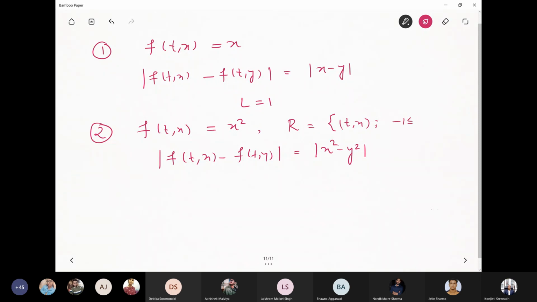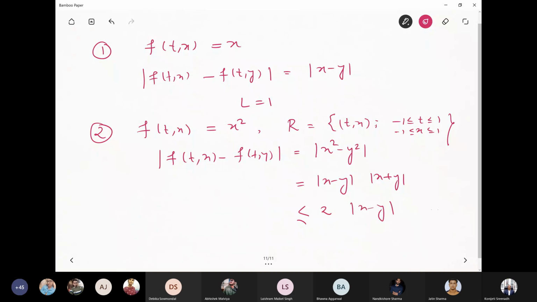So minus 1 less than or equal to t less than or equal to 1, and x is also in a rectangle. Minus 1 to 1 you can take, or minus a to a, or any bounded rectangle. So here it is going to be, now you can write mod x minus y into mod x plus y. Within this rectangle, mod x plus y is going to be less than 2, so it is less than 2 times mod x minus y, right?